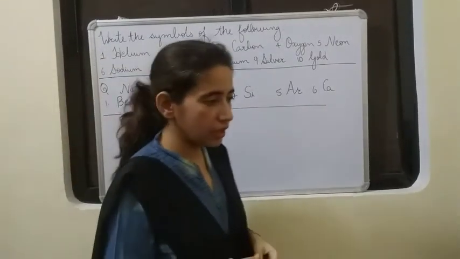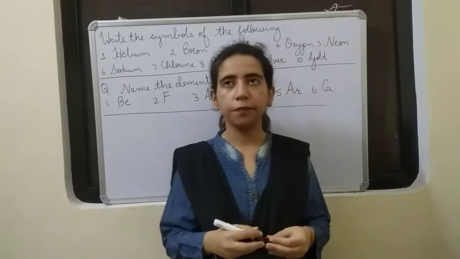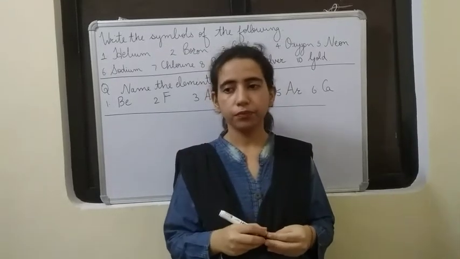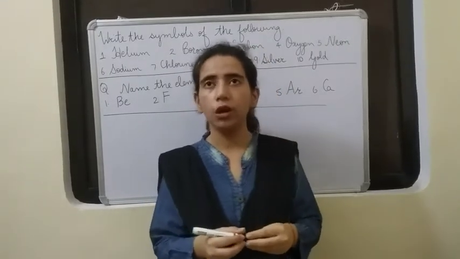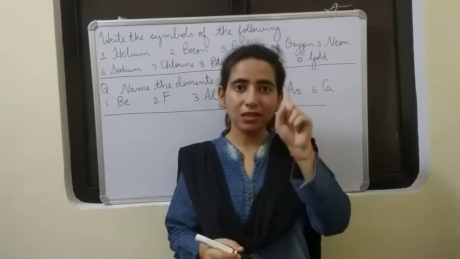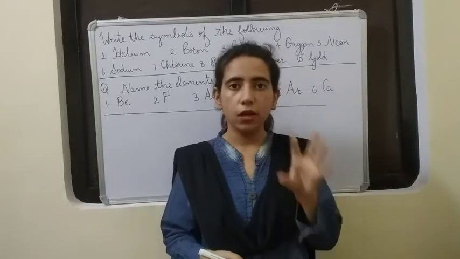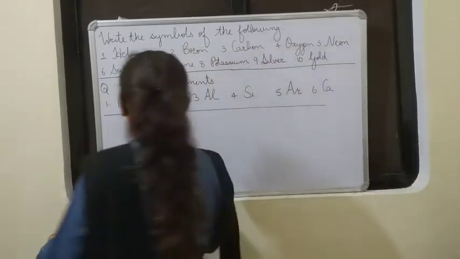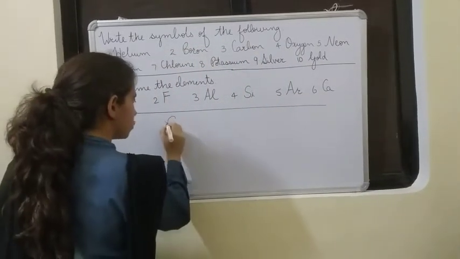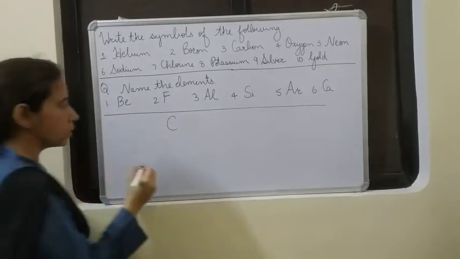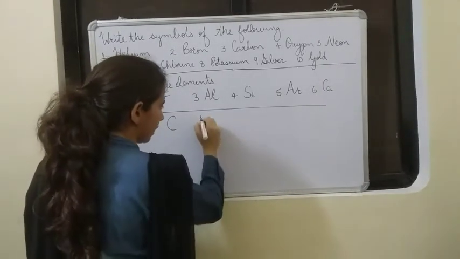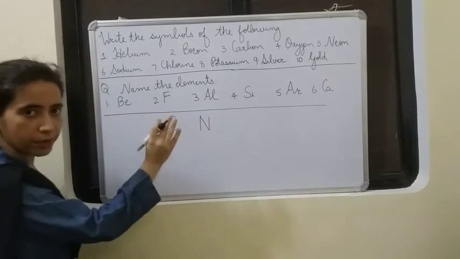And children, there is one thing, when you write the symbol of the element, the method I haven't told you. If it is a single letter symbol, then that will be written as a block letter. Suppose you are writing carbon, the symbol is C, so it will be written like this, C. Nitrogen, N, like this you will write in the block or capital letter.